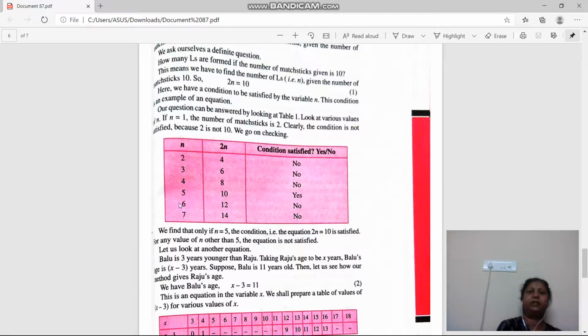Of course it is not necessary to take the next values, but let's see. If you take 6, then 2 sixes are 12. Are 12 and 10 equal? No. Then take 7. 2 sevens are 14. Are 14 and 10 equal? No. So only when we take n equal to 5 is the condition satisfied. Understand everyone?